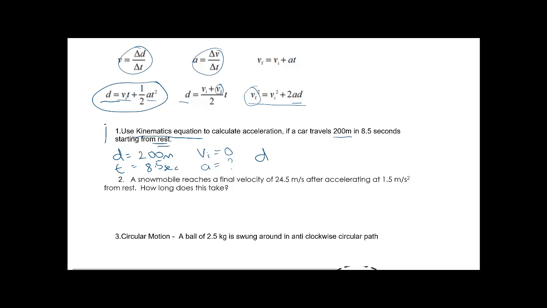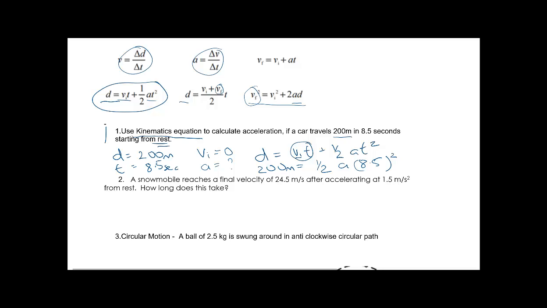So you write that down: distance equals v_i t plus half a t squared, and remember you've got to really show your working as well. So then you just replace it with 200 meters. Because the initial velocity is equal to 0, 0 times t is going to be 0, so we'll just leave that out. Plus, it's going to equal half times a times t squared, which is 8.5 squared.